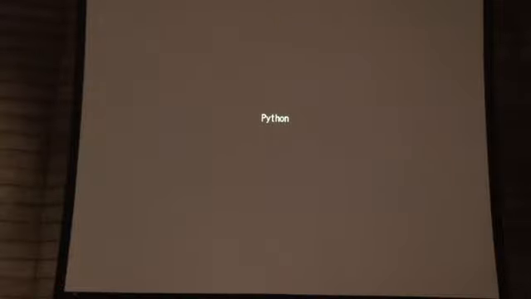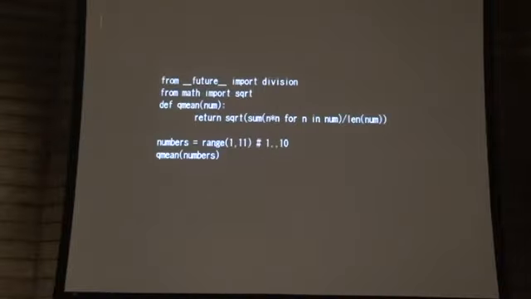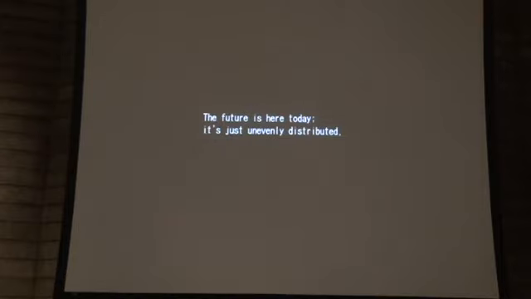Now, what about Python? The language we love to love to hate or something. Okay, here's the example. The future is here today, it's just unevenly distributed. Python does not have the future yet.